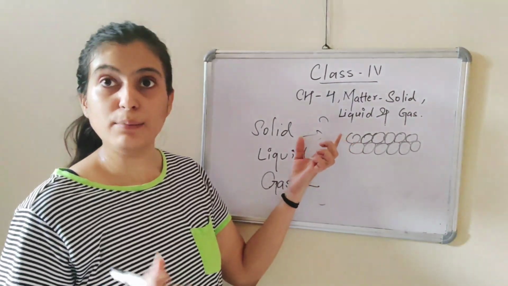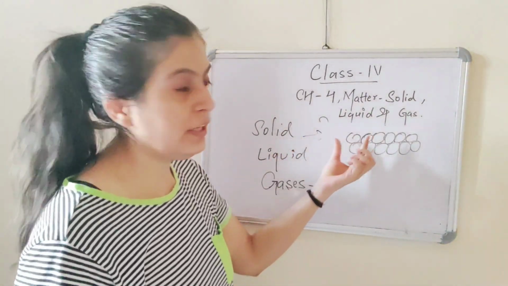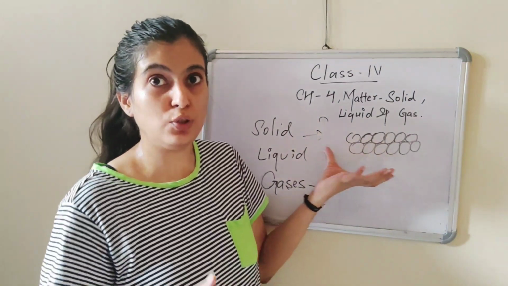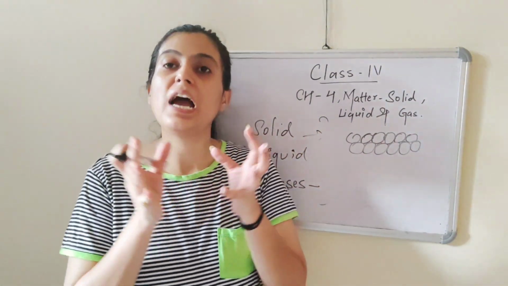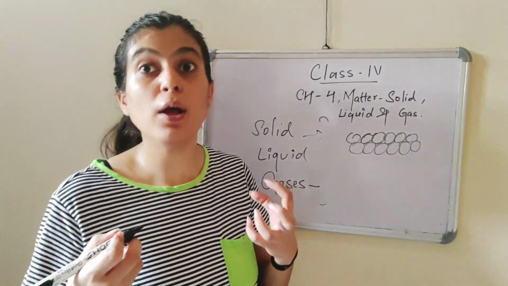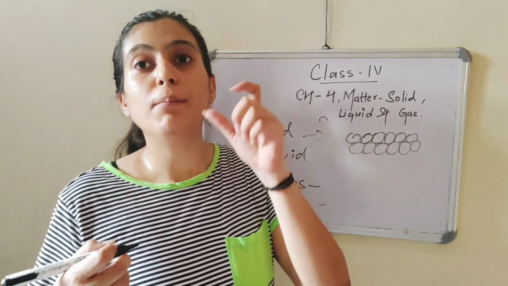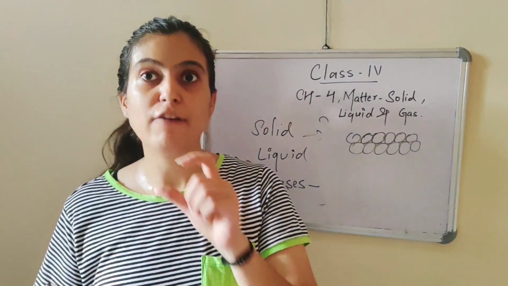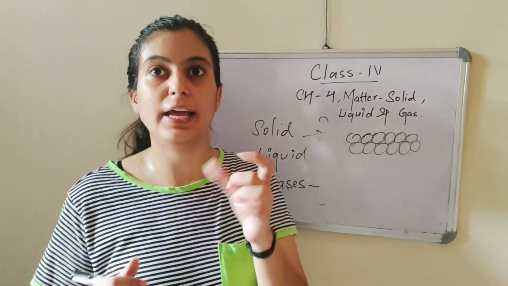These circles are molecules. You can see that the molecules are closely packed. They are tightly packed. You can't see any spaces in between them. So, in solid, the molecules do not have spaces in between them.